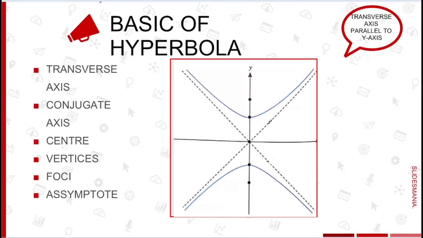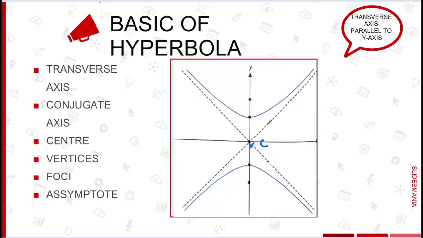This is also the basic of hyperbola, where the transverse axis is parallel to the y-axis. You can see here, this is our transverse axis. Automatically, this will be your conjugate axis, the opposite one going through your center. Let me label here.